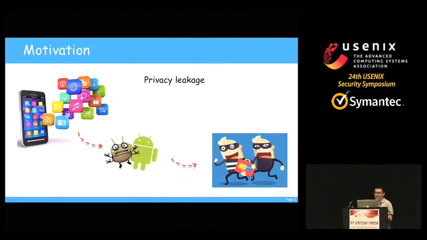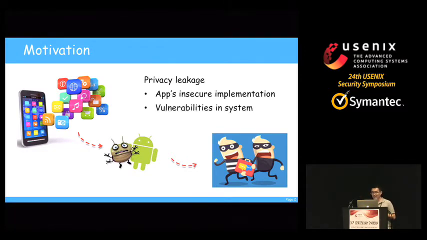Protecting users' privacy in mobile apps has always been at the spotlight of security research. Sensitive data in mobile apps could be either leaked out due to apps' insecure implementation or harvested by intended attackers by leveraging existing vulnerabilities from the mobile system.